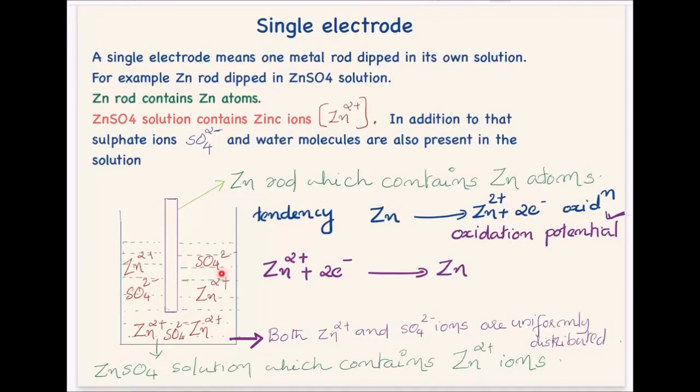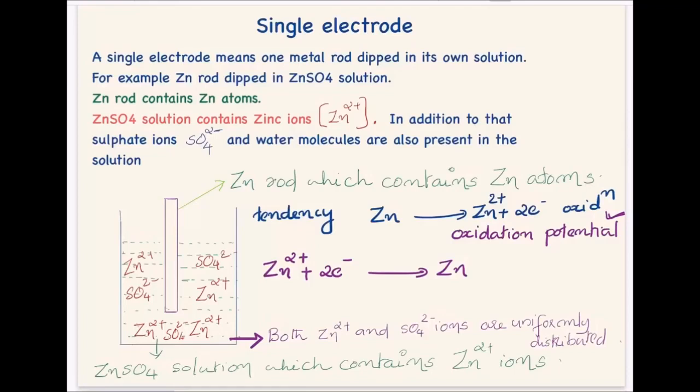So who is having this tendency? Zinc ions in the solution have a tendency to accept electrons and become zinc atoms. Zinc atoms cannot stay in the solution. What does it have to do? It has to deposit on the zinc metal rod. Always like this: atoms will go into the metal, ions will go into the solution.